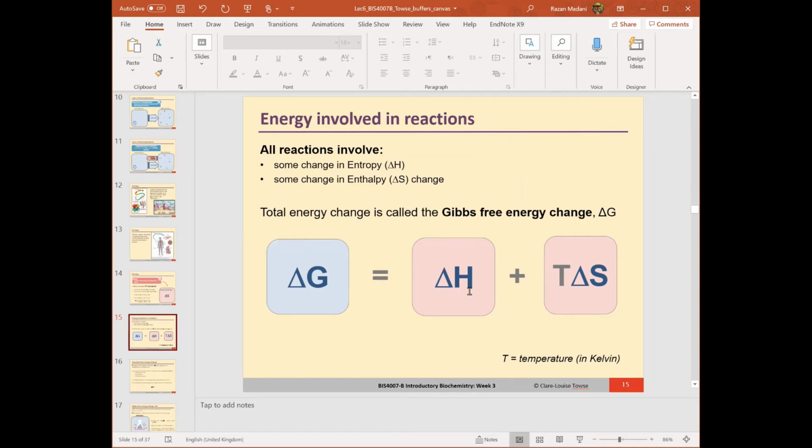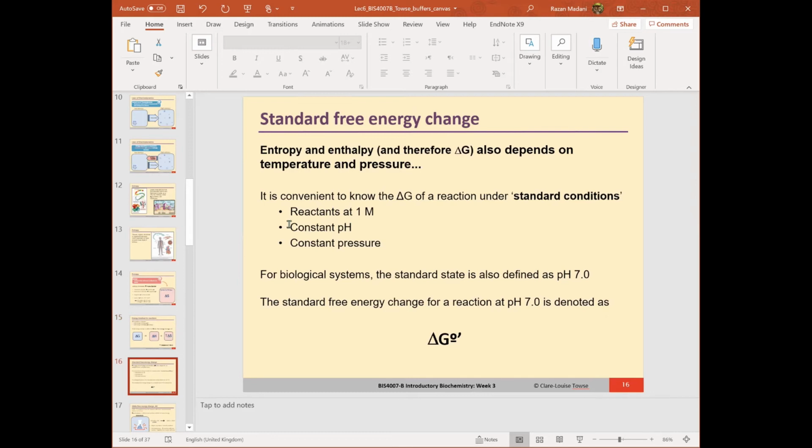You remember when we said delta H is the change of heat? For example, when you see a reaction that says exothermic, minus 4,000 something, this number is delta H. Okay.